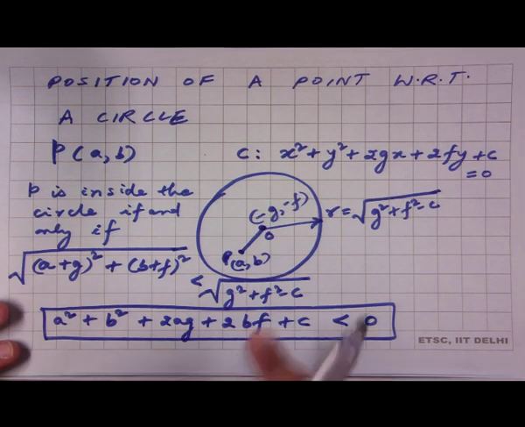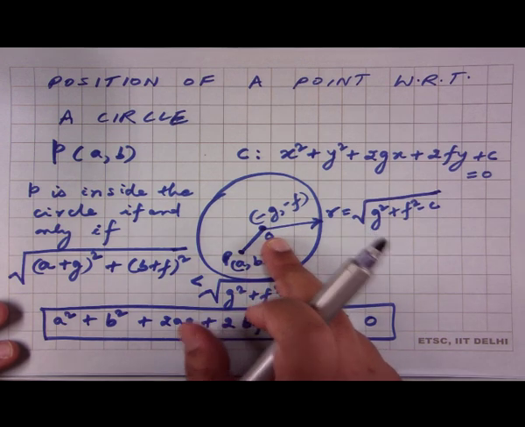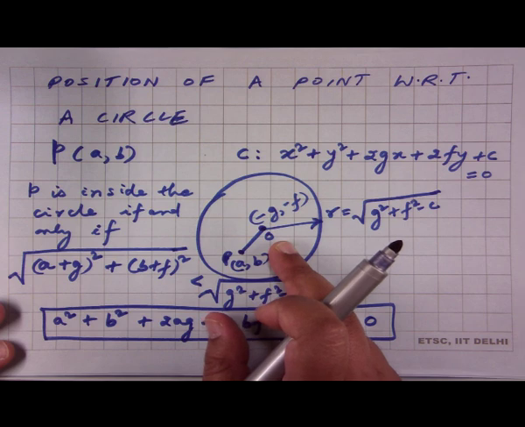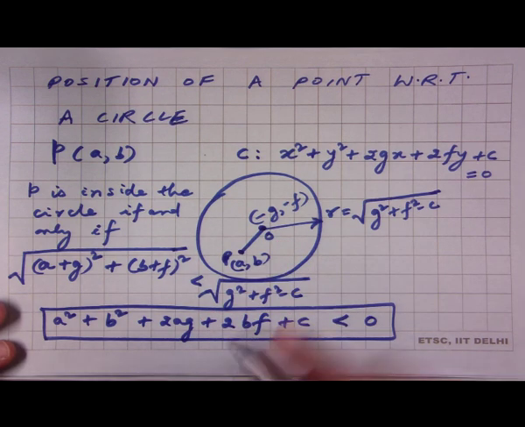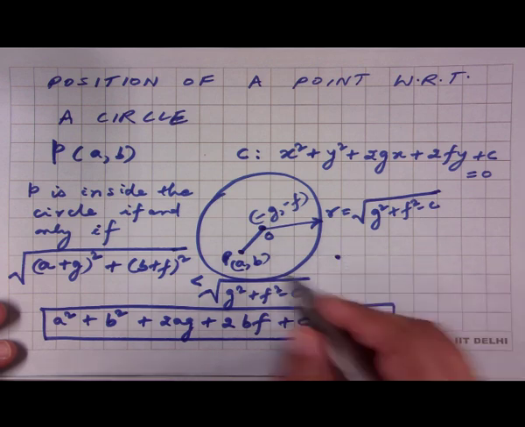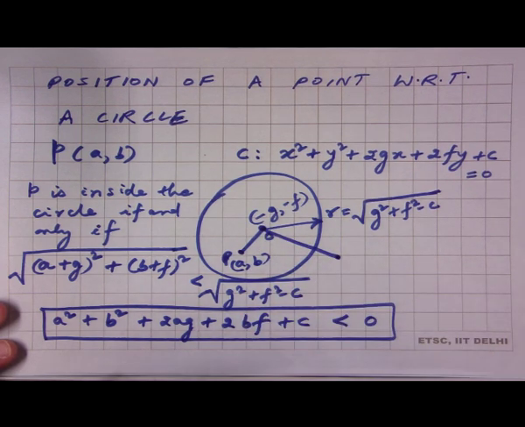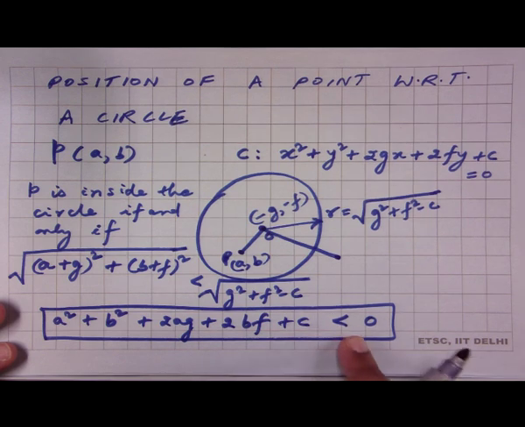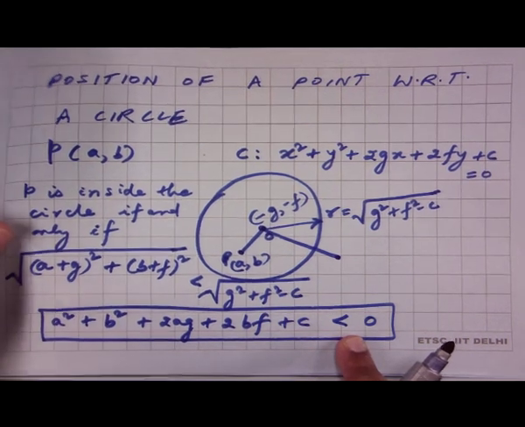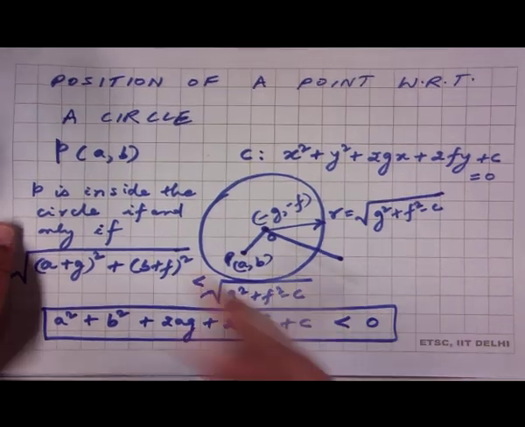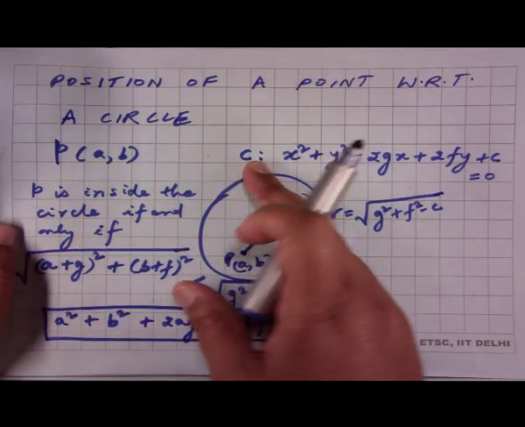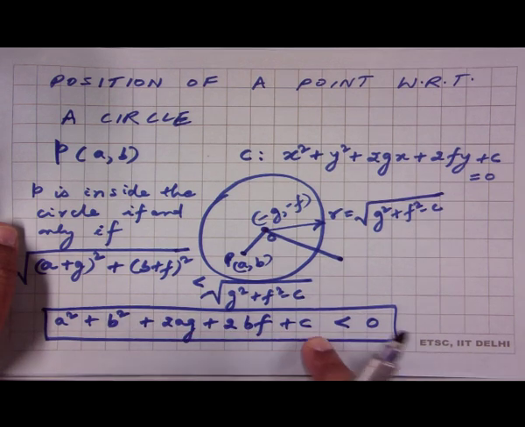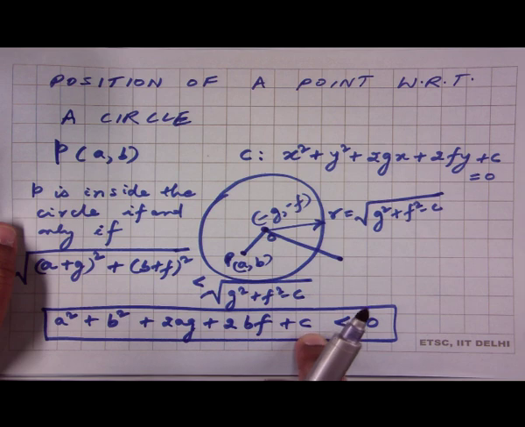If so, then the point is inside the circle. Similarly, if the point is outside the circle, then the distance will be greater than r, and this value should be greater than 0. And if this point P lies on the circle, then this will be exactly equal to 0.